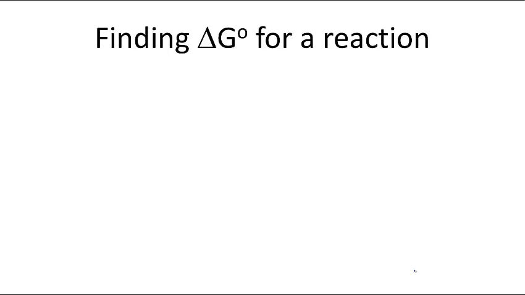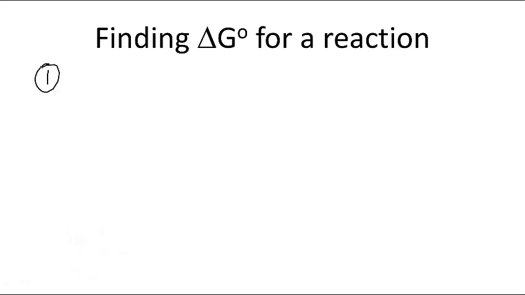So if I want to find delta G for a reaction, I have essentially two different ways to do it. There are actually more, which we'll talk about later, but at this point you have two ways.